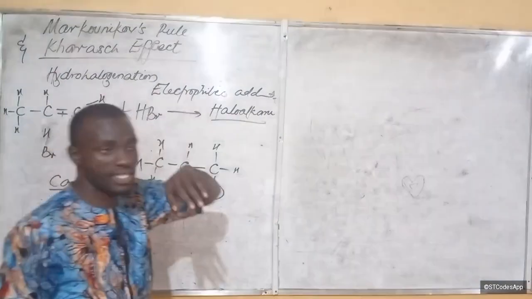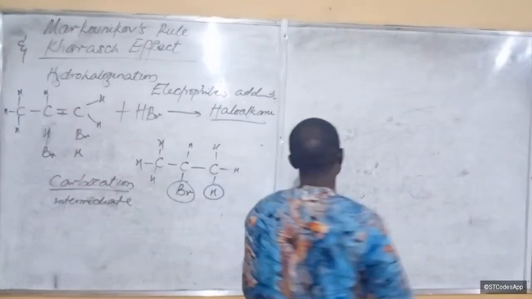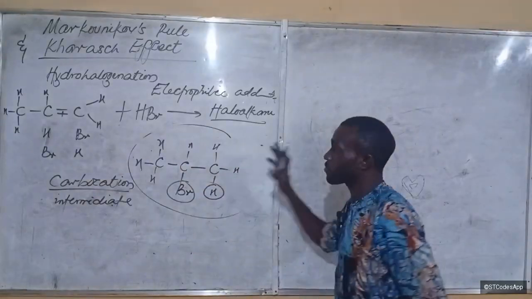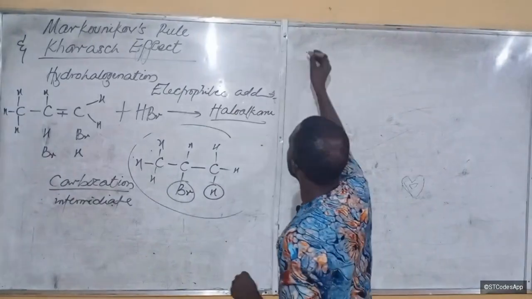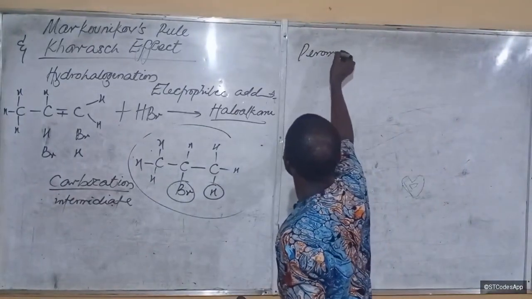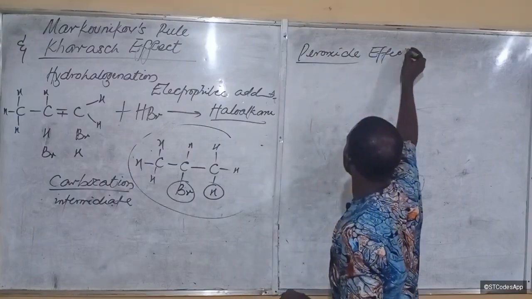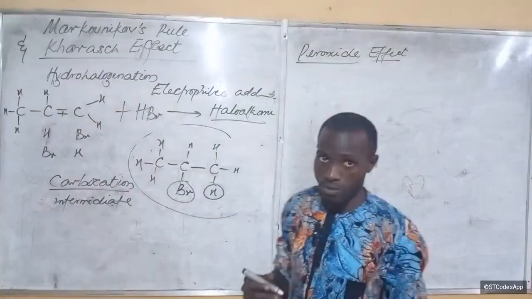This is called the Markovnikov product, okay? But the Kharasch effect, also called the peroxide effect, was discovered by two scientists, Kharasch and Mayo.